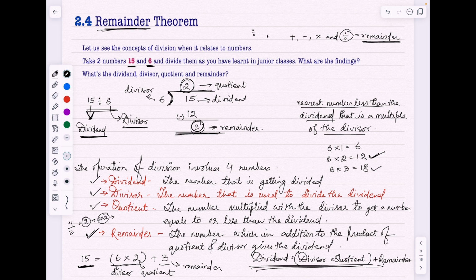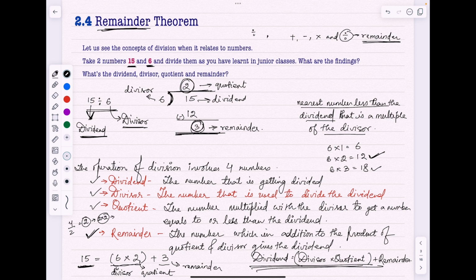You find the highest number that is a multiple of the divisor and is either equal to or less than the dividend. You find that 12 is a multiple and it is nearest to the dividend. So you write that number, write the number of times as the quotient, and subtract it. Then you get 3 as the remainder.